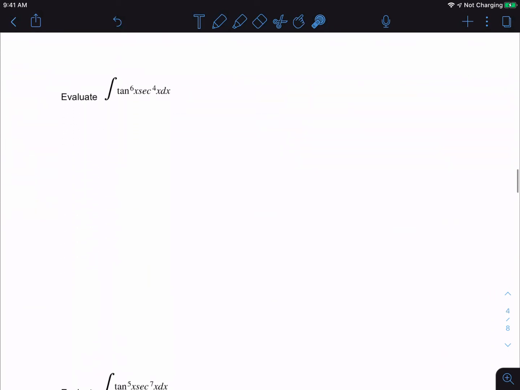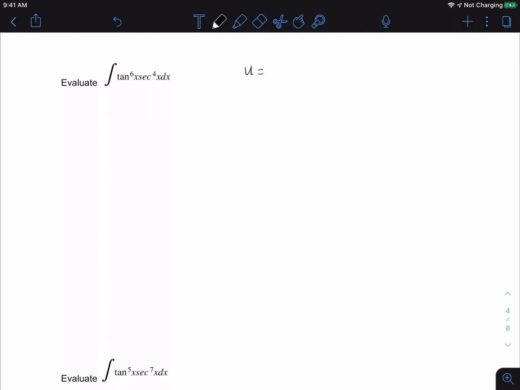All right, now let's do another example. And this example is now when we have tangents and secants. Both are even. There is a strategy to this. So what I'm going to do is manipulate this so that I can again integrate. In this example, I'm going to use my u to be tangent of x, because the derivative of tangent is what?